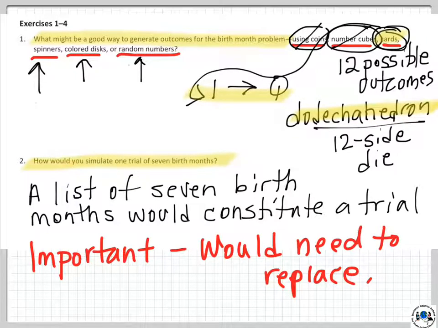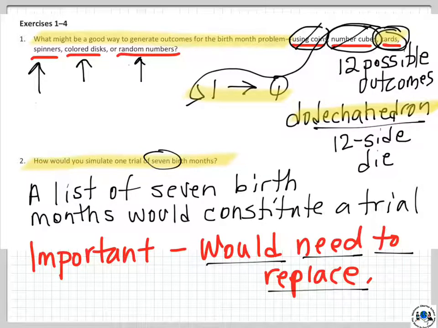Dip your hand, put the cards in the bag, numbers 1 through the queen, shake them up, pull one out, record it, put it back in, shake it up. Same thing again. We would need to replace because every member of this group, 7 people, would need to have the same probability, 1 out of 12, of getting any birth month.